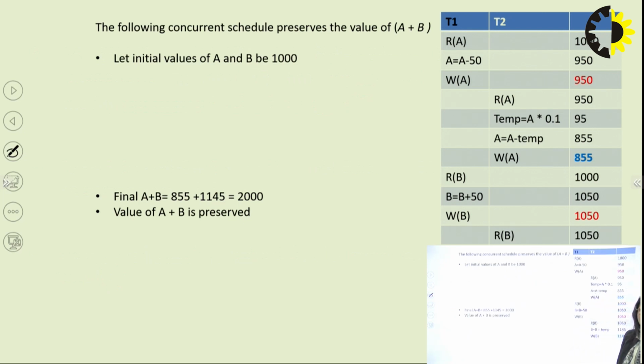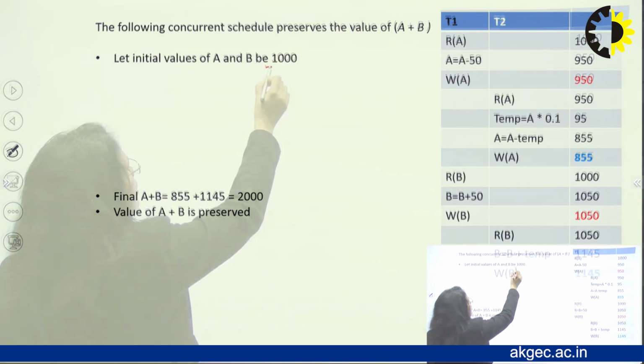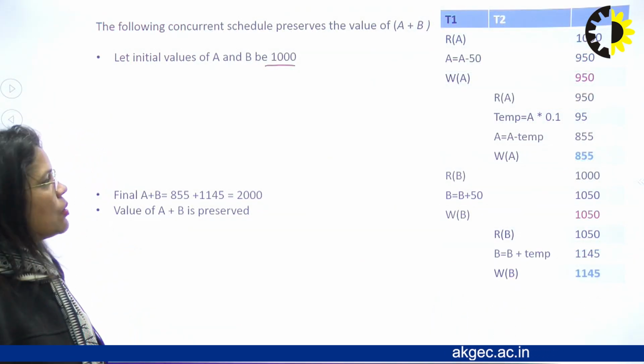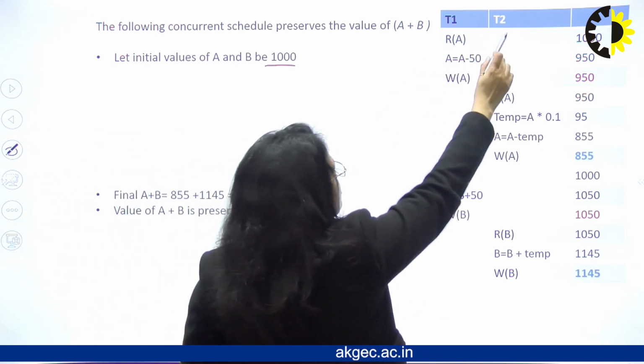Okay, so we can see here one schedule in which two transactions T1 and T2 are there.